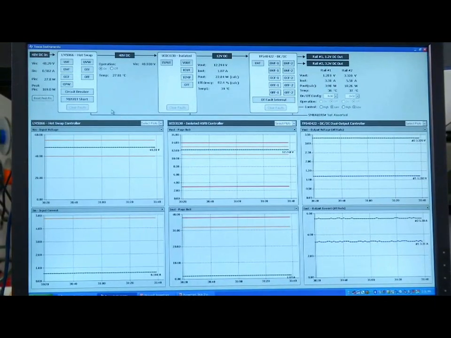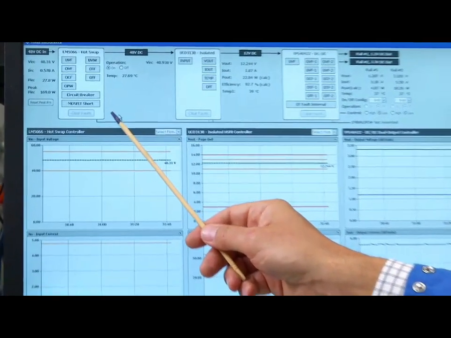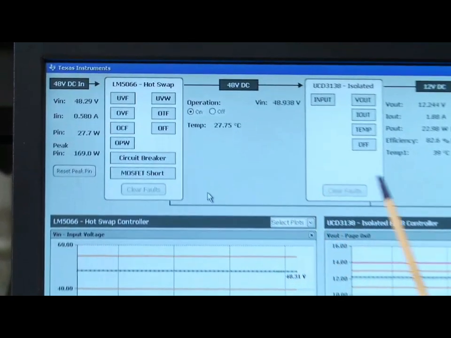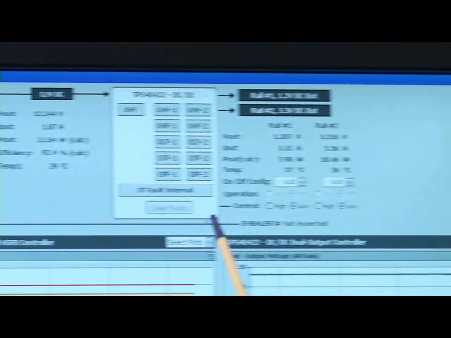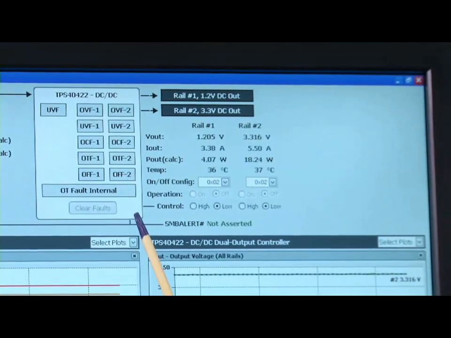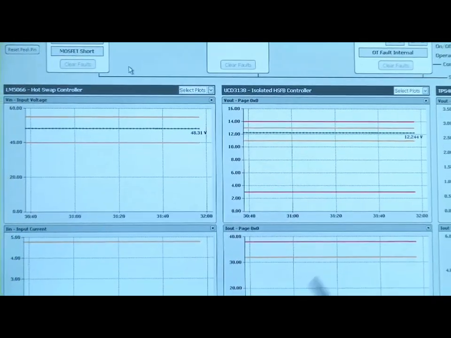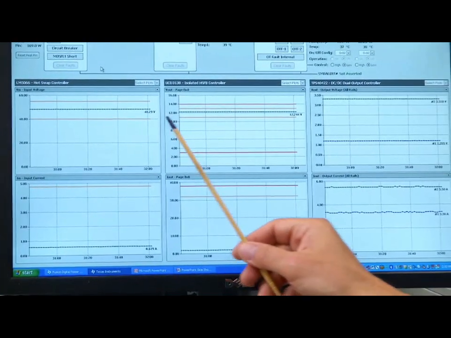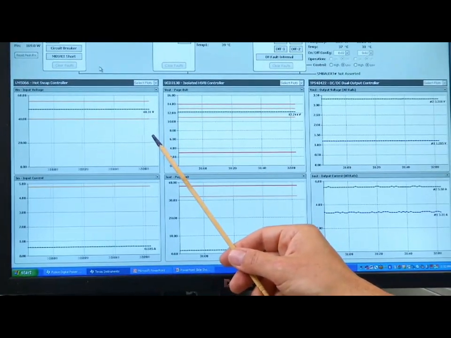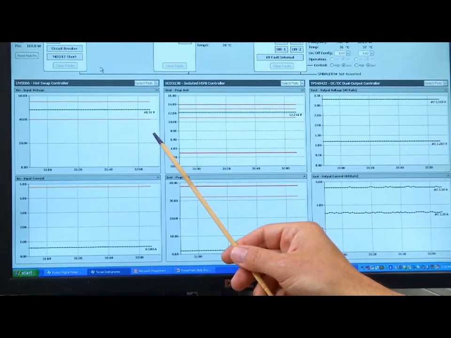As you can see here, up on the top, we have visual representations of the LM5066, the UCD3138, and then on the right, the TPS40422. Down below, what we're doing is monitoring and displaying the input voltage coming into the system over here through the LM5066.